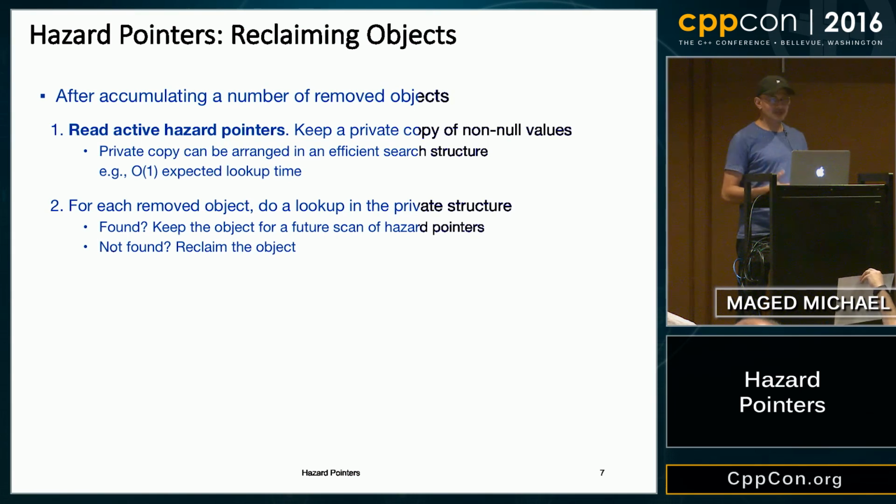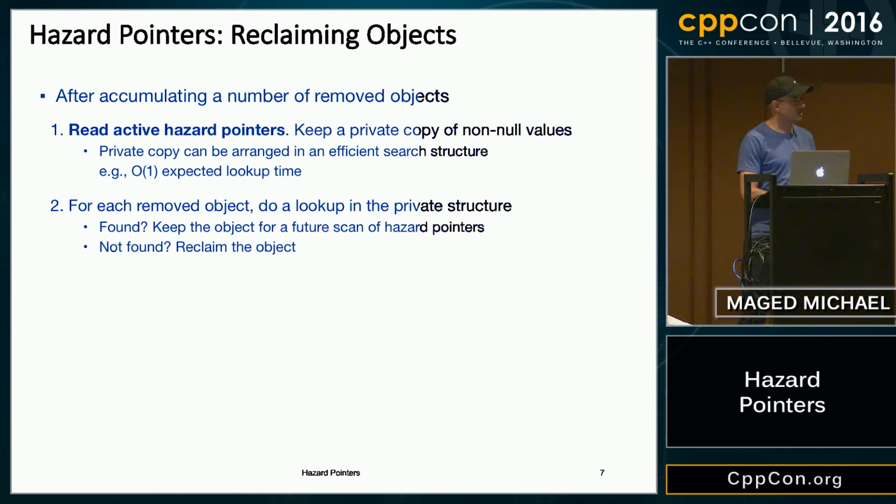But that's inefficient. So you would read all the hazard pointers and collect them in some efficient structure that has constant expected lookup time, and now you have a private list that is sizable enough that you're guaranteed to reclaim something, because you will not fail to reclaim more objects than the number of hazard pointers.